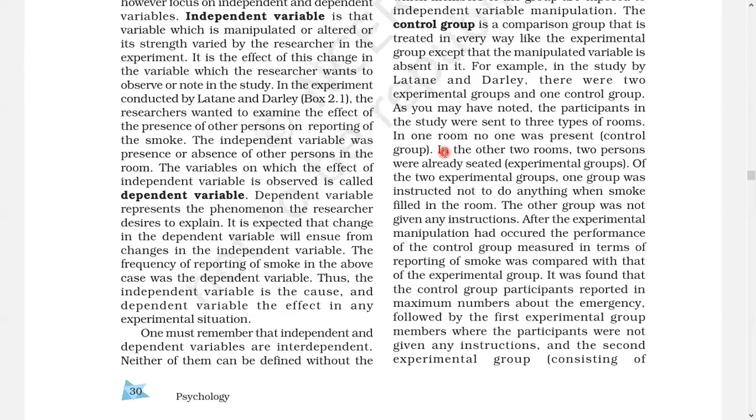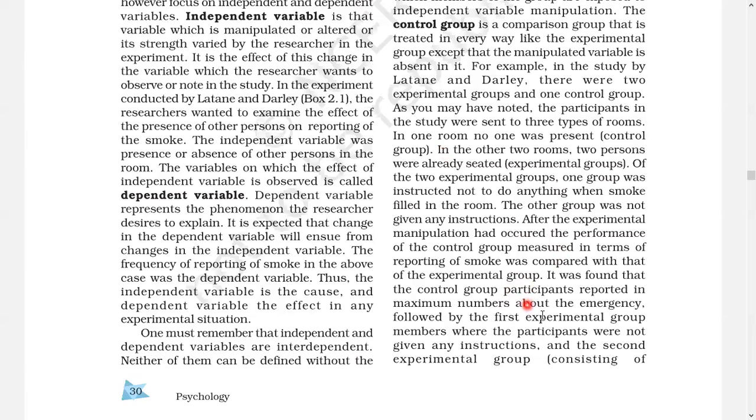And how can you see that? Based on the factors. Which one? The smoke factor. In the control group, there were no instructions or any manipulations. But when you modified the smoke factor and also the instructions, the behavior changed. The behavior is the dependent variable.